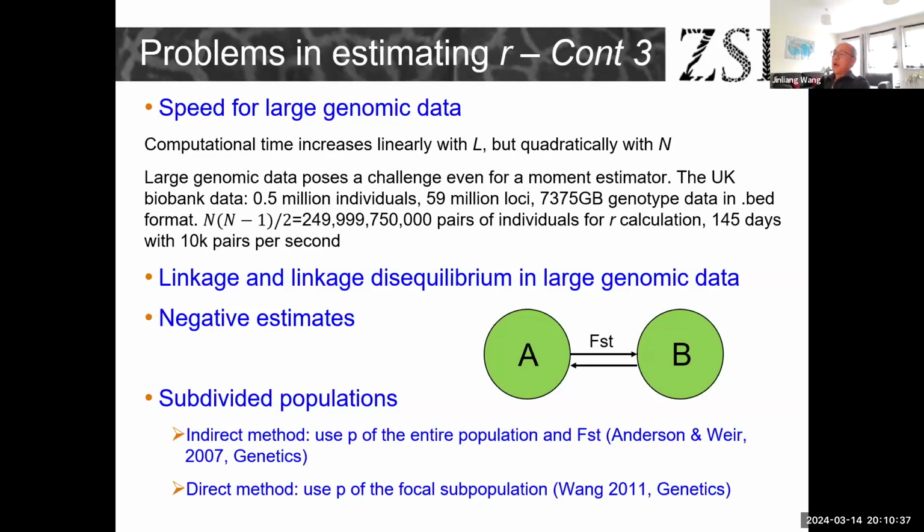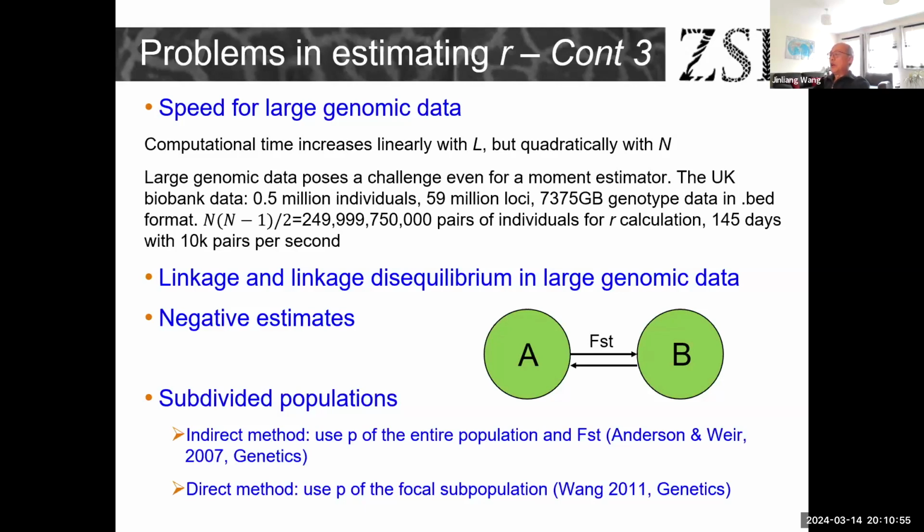That is, we can take a sample from the population, either A or B, estimate the allele frequencies, and use the estimated allele frequencies to estimate relatedness between individuals within that population. So this is the direct method.